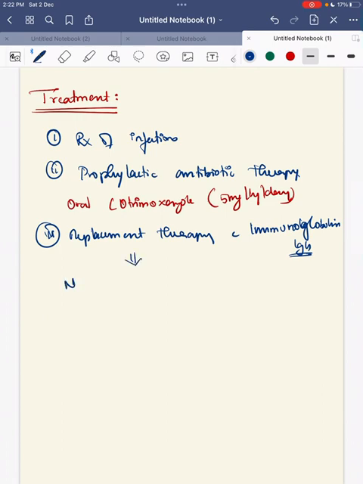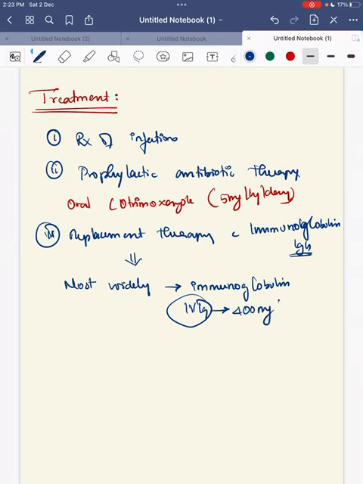Most widely we use intravenous immunoglobulin, that is IVIG. IVIG is used at a dose of 400 mg per kg once in 3 to 4 weeks.